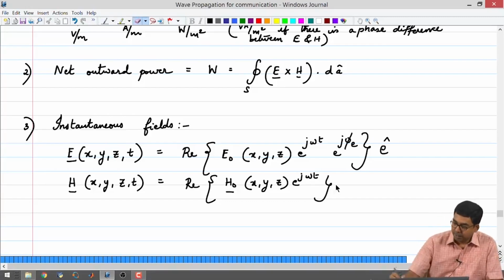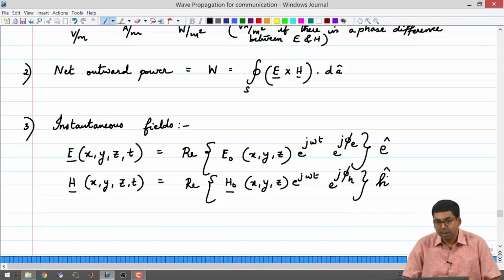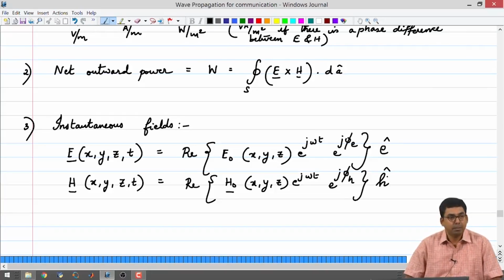Similarly, for the case of the magnetic field, the most generic case with respect to a reference, it has a phase phi h, and the unit vector describing the magnetic field is given by h hat. This becomes a very generic expression for electric and magnetic fields.